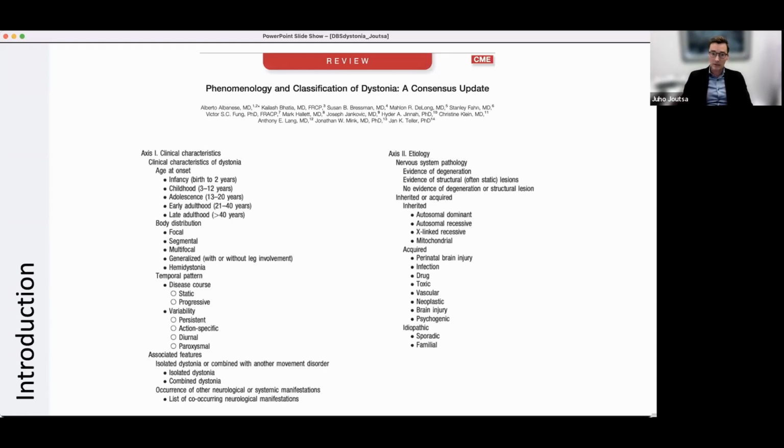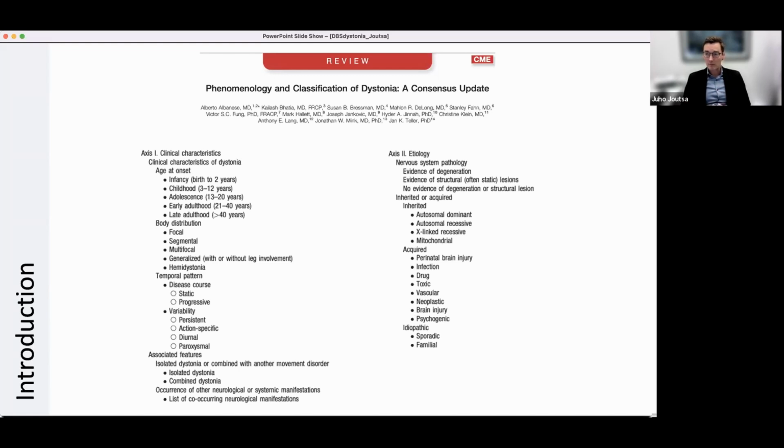And further, it can be split into inherited, acquired, and idiopathic. So we have a huge variety in individuals with dystonia, with multiple different presentations, clinical characteristics, and also etiologies.